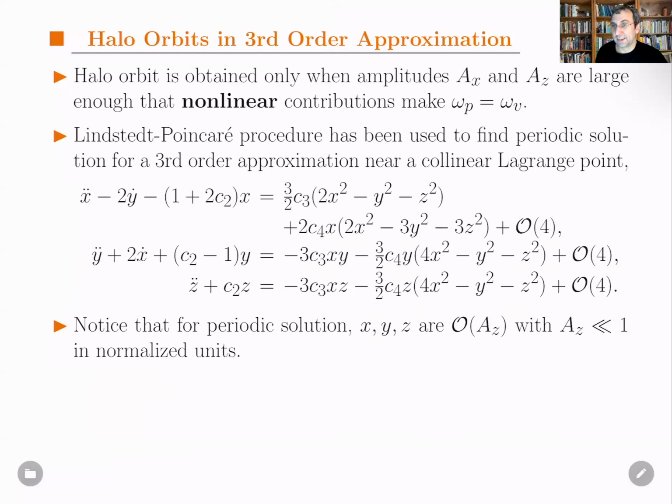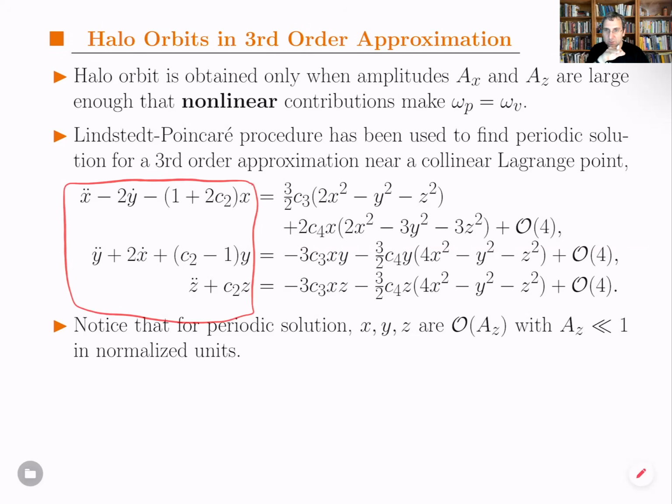So I'm saying even though in the linear approximation those frequencies aren't equal, the frequencies will actually change as you include nonlinear terms. So we'll use what's called the Lindstedt-Poincaré procedure. This is where you include higher order terms. Before, we had just the linear part, and we were setting that equal to 0.